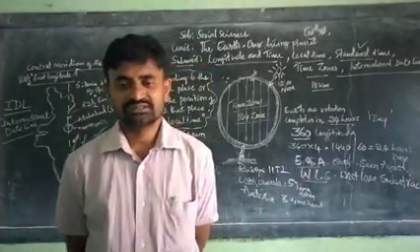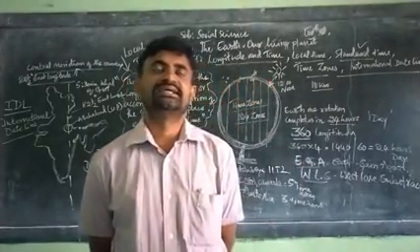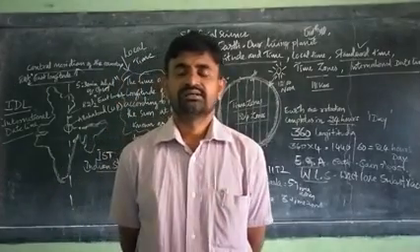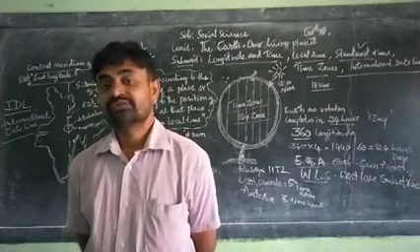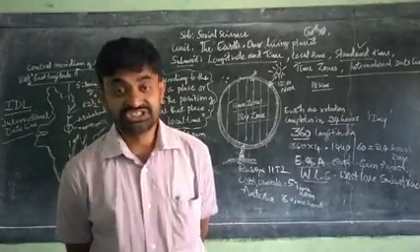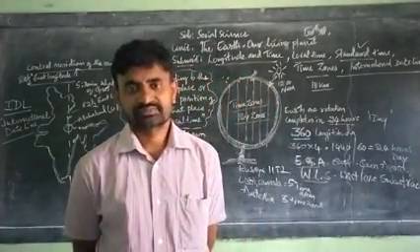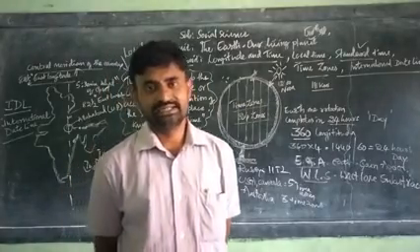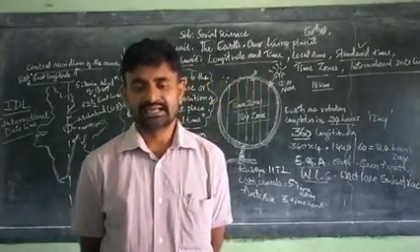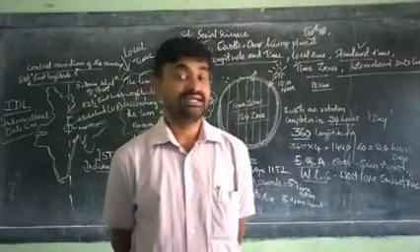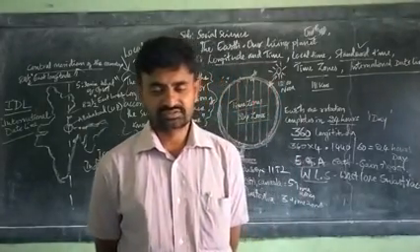Shall I repeat the definable aspects once again? Number one is unique planet. Number two, equator. Number three, geoid. Number four, continents. Number five, prime meridian. Number six, Indian Standard Time. These are all the definable questions. You must try to define these things.